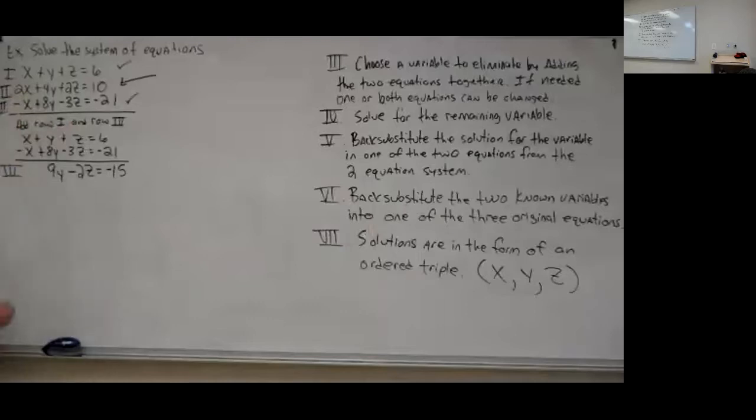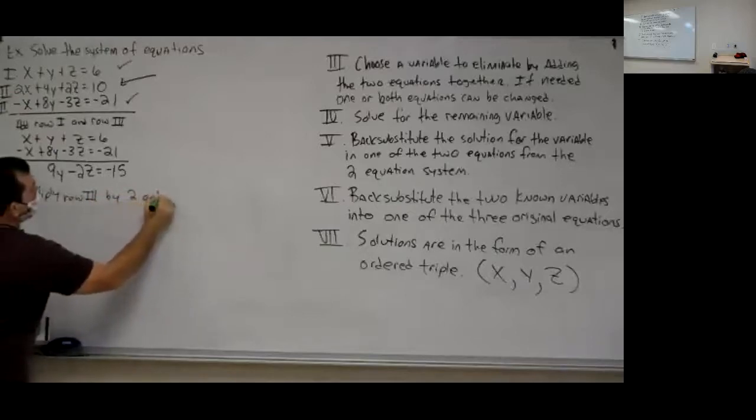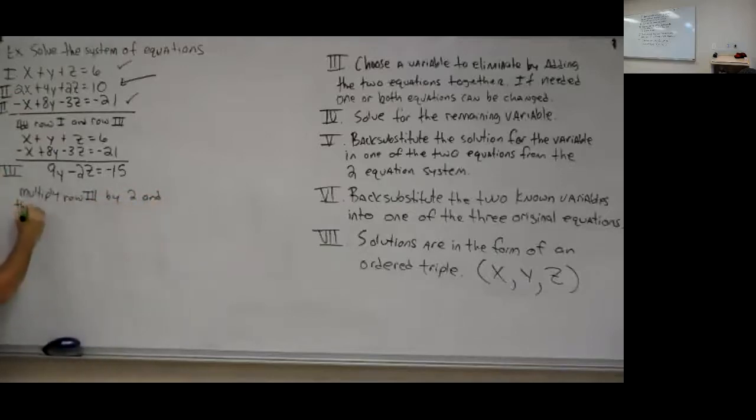So here's what I'm doing. I'm going to multiply row 3 by 2, and then add that to row 2 to get rid of them x's again. So here we go.